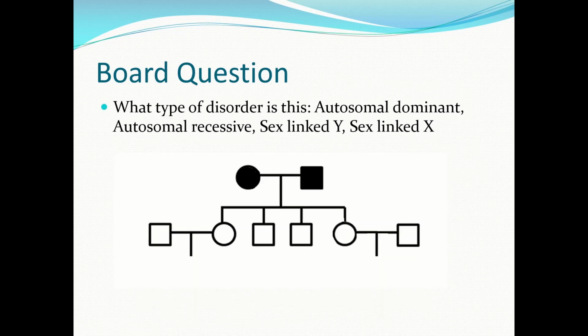So what type of disorder is this? Pause it, see if you can do it. This is a tricky one. So both the parents have it, and none of the kids have it. It's not looking like sex-linked. Boys and girls can have it. So if we're talking about recessive or dominant, let's look at dominant first.